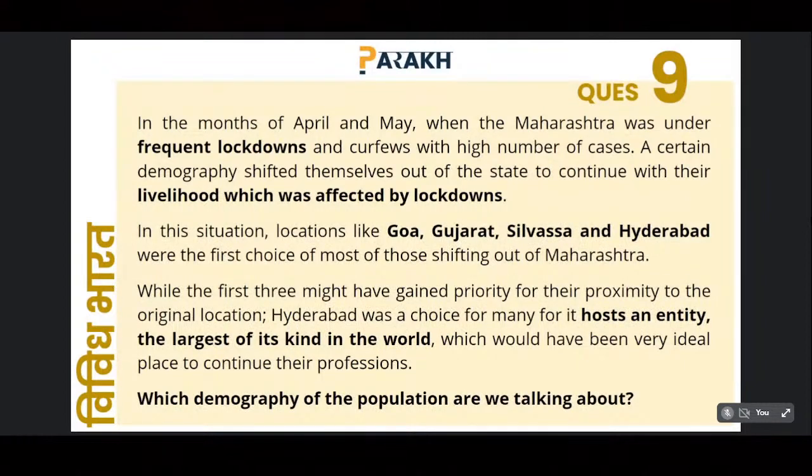Which demography of the population are we talking about? Moving to the next question.